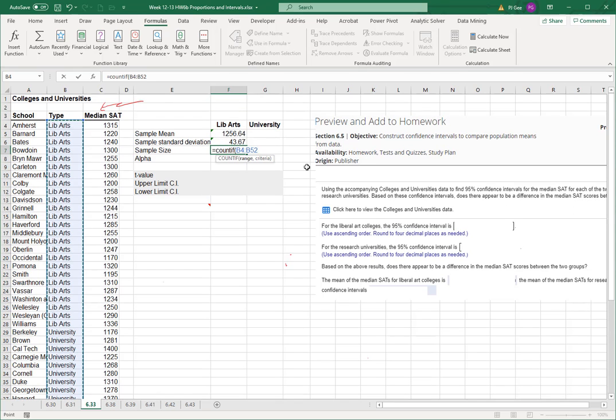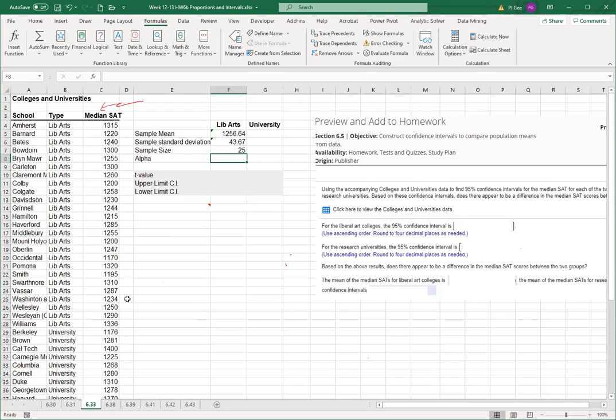In that range is equal to. Now you have to spell things exactly right, or else it will not work. Okay, we got 25. Does that make sense? 28 minus 3, yes, good. And then alpha is going to equal 1 minus 0.95.